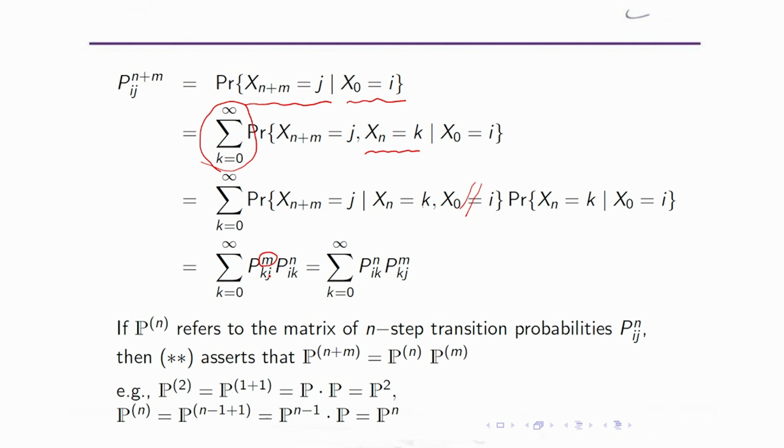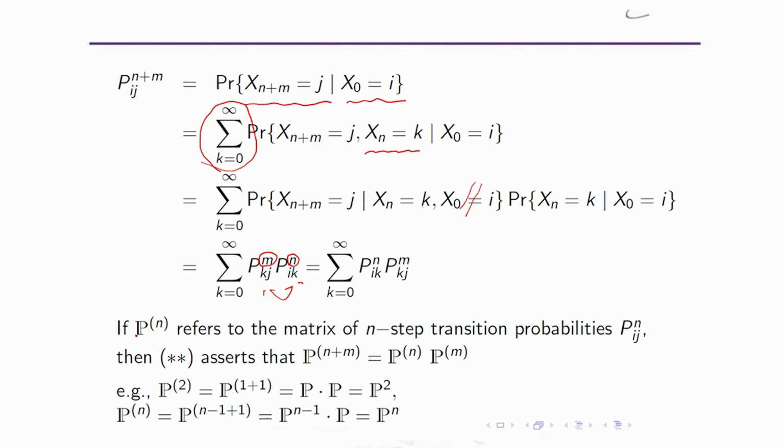So P_kj^(m). And this is called P_ik^(n), because we go from step 0 to the nth step, right? So P_ik^(n). And we take the summation over all possible k. And then we can swap these two probabilities. So we have P_ik^(n) times P_kj^(m), and we take the summation.